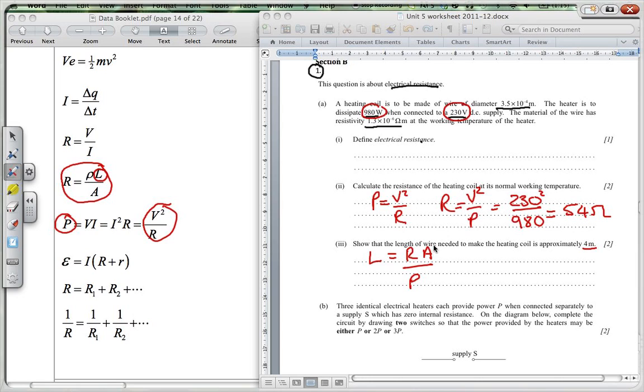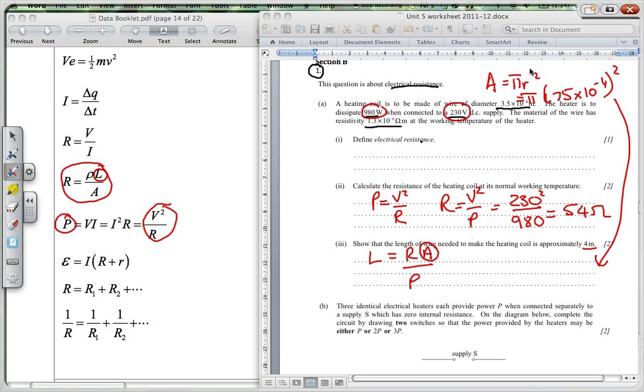Now you've got to be a little bit careful of this area here, in that we are given the diameter. So we're going to be using the area equals pi r squared, so it's going to equal pi times 1.75, because the radius is obviously half the diameter, times 10 to the negative 4, and we're going to square this.